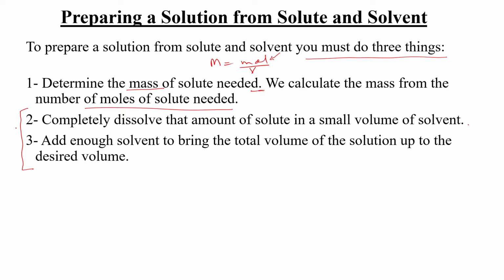If you skip step number 2 and you just add the solute in the container and then add the solvent to bring the volume up to the mark, there will be no room for mixing the solute in the solution. So you really have to do step number 2, which is to add a small amount of solvent and dissolve the solute, and then add enough water to bring the volume to the mark.